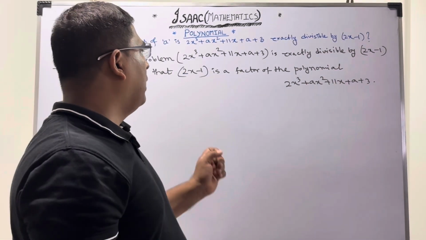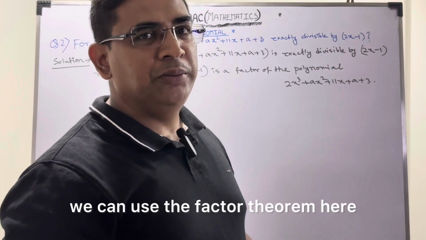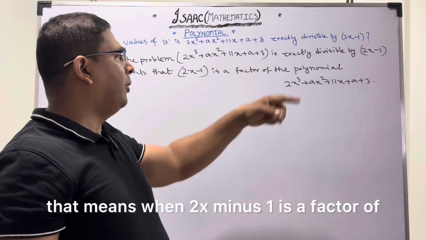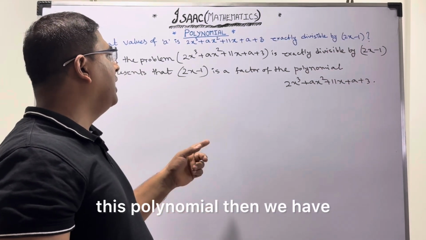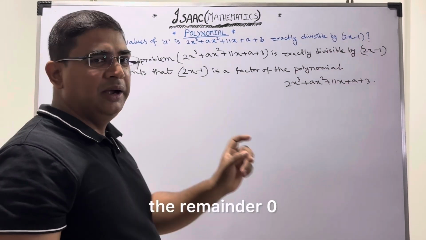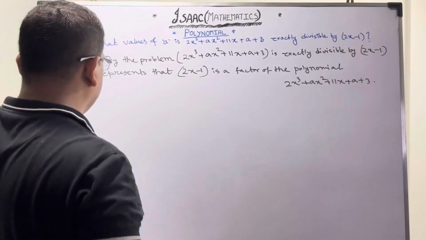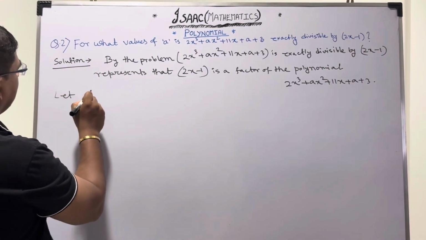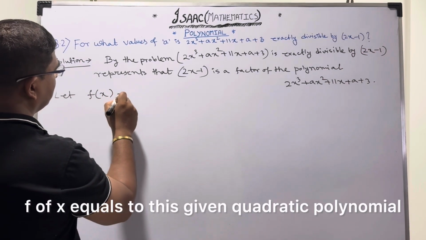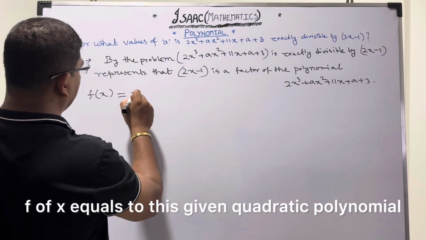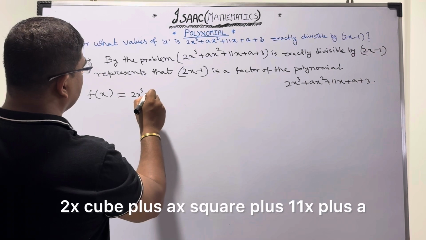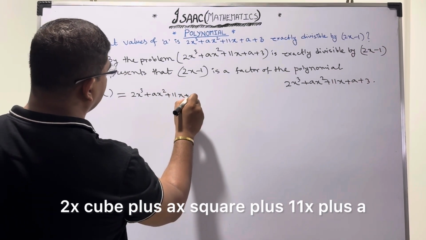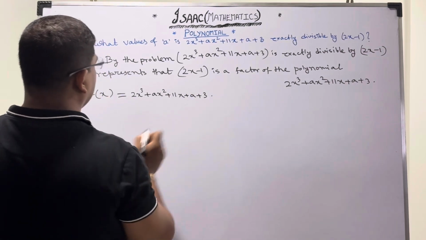Okay. So we can use the factor theorem here. That means when 2x minus 1 is a factor of this polynomial, then we have the remainder 0. That is why we now let f of x equal this given polynomial 2x cube plus ax square plus 11x plus a plus 3.